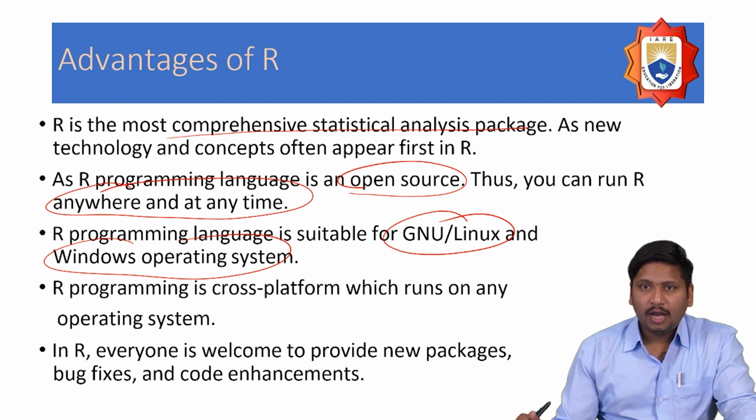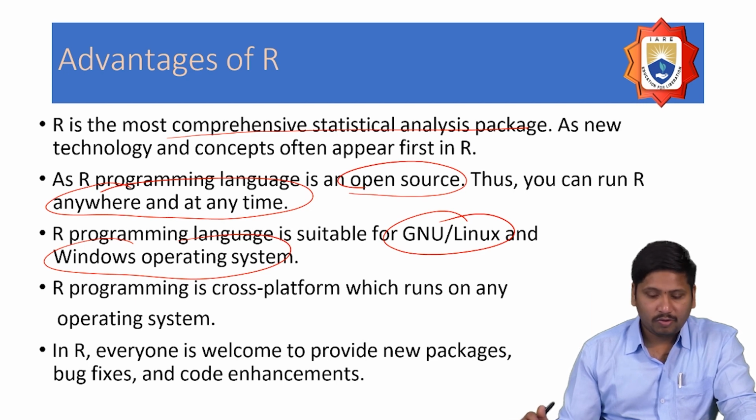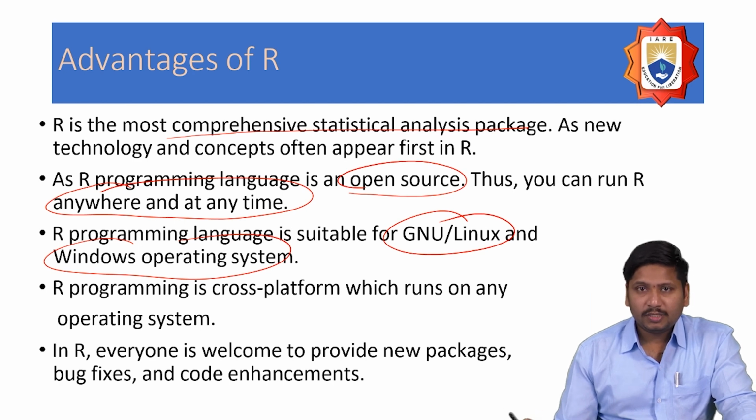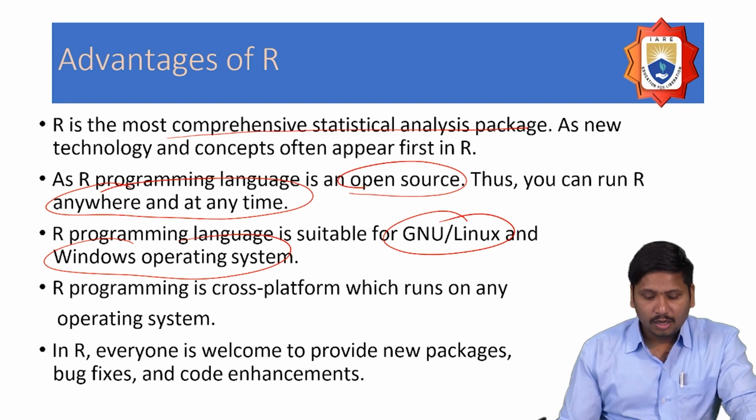R is a platform where you can run on any kind of operating system, and new packages can be easily inserted in R, bug fixes can be done very easily, and code enhancement can also be done easily.